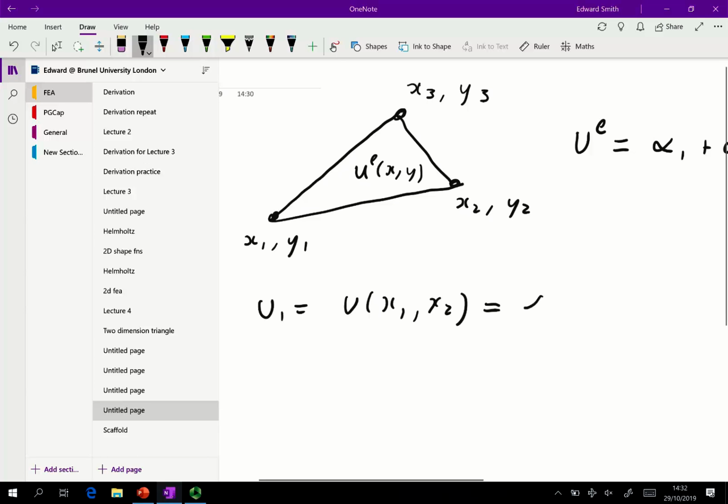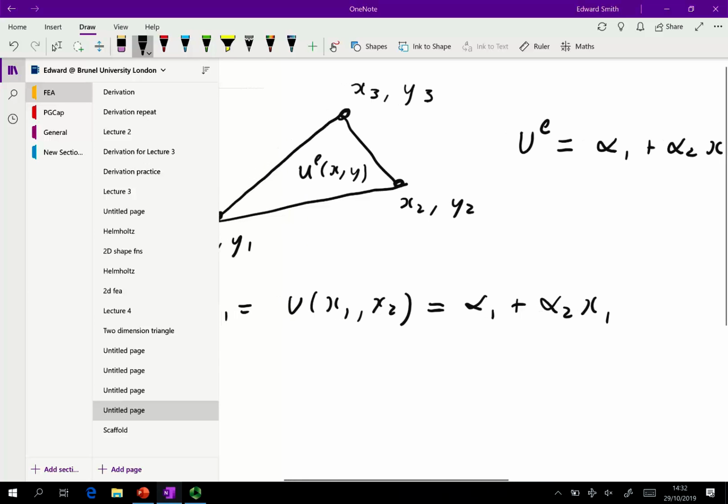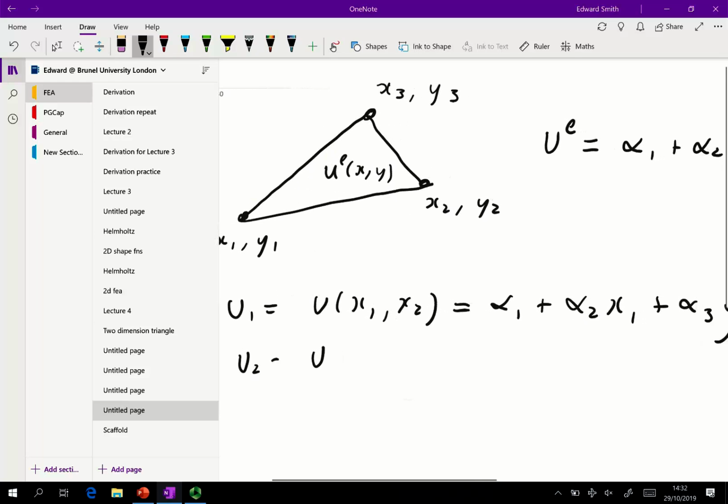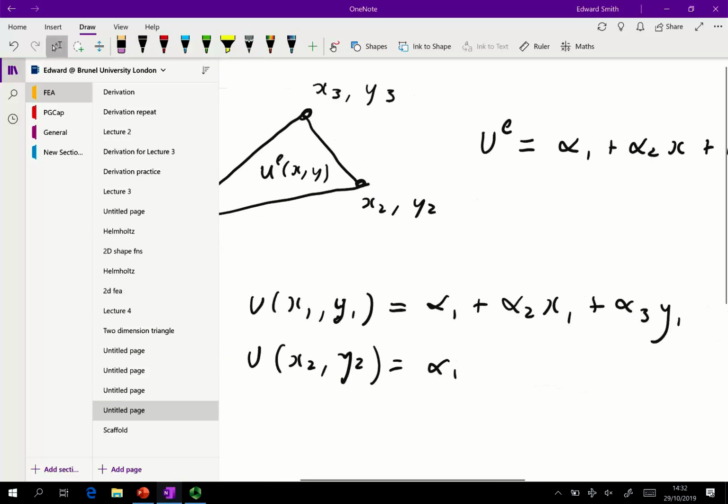So the process is going to be essentially what we did with the straight line, where we substitute in the known values. So u1 is equal to u at x1, y1, which is alpha 1 plus alpha 2 times x1 plus alpha 3 times y1. And then u2 is equal to u at x2, y2, which is alpha 1 plus alpha 2 times x2 plus alpha 3 times y2.